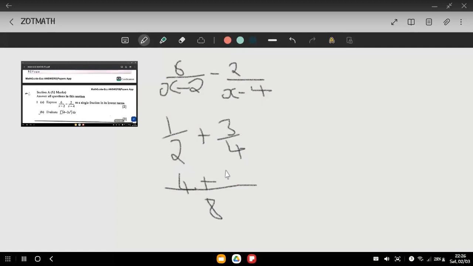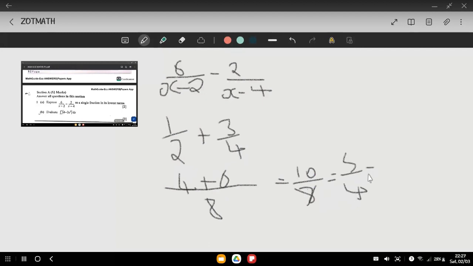Then here we are going to get plus 6. Then the answer is going to be 10 over 8, which can further be simplified. 2 into 10 is 5, 2 into 8 is 4, so 5 over 4.